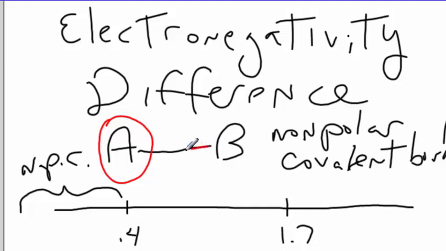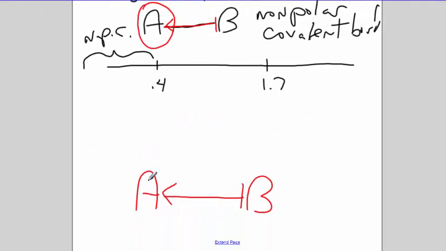So the electrons start spending more time with A than they do with B. I'm going to rewrite this down here just so I have some more room. Now, if the electrons spend more time over here with A, that end of the molecule is going to have more of a negative charge associated with it than B does, because these negative electrons are spending more time over here.